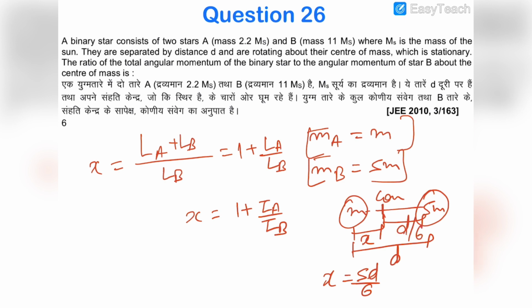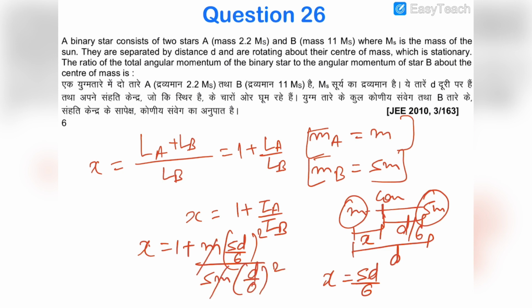Okay, so this is the center of mass. So x would be equal to 1 plus mA, which is m, and the distance of mA from the center of mass is 5d by 6. So this is 5d by 6 whole squared divided by 5m into d by 6 whole squared.